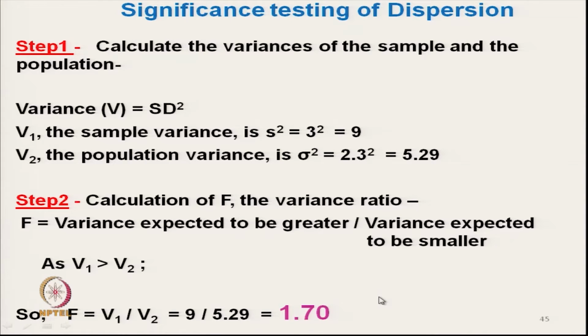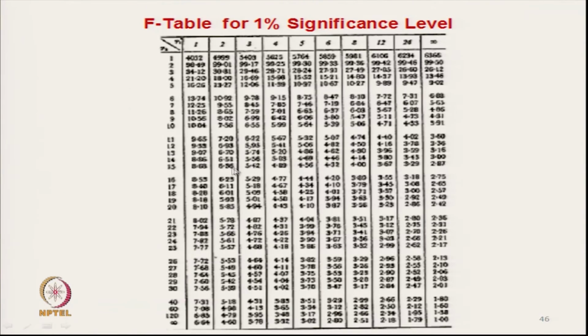Now, this F value we have calculated, we have to compare with the table F value. This is the table F value at 1% level. So, what is the degree of freedom here?